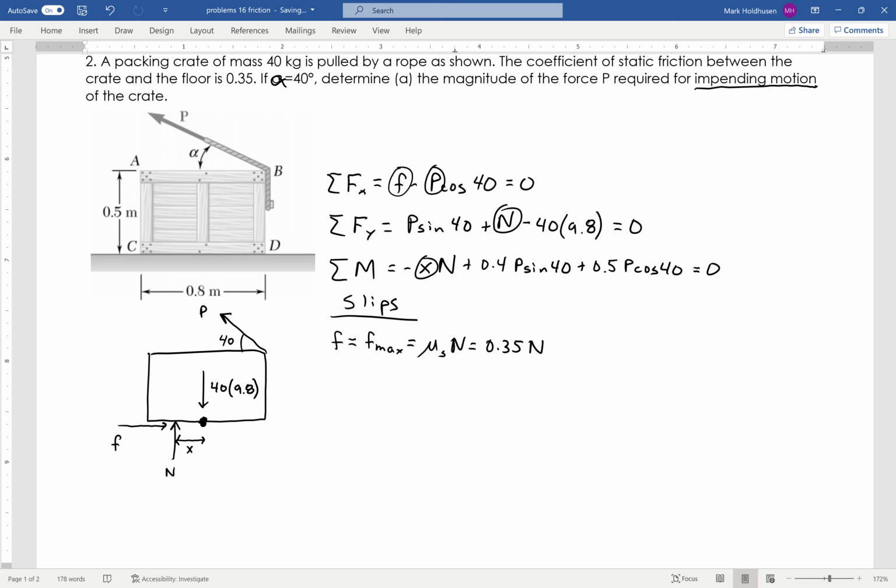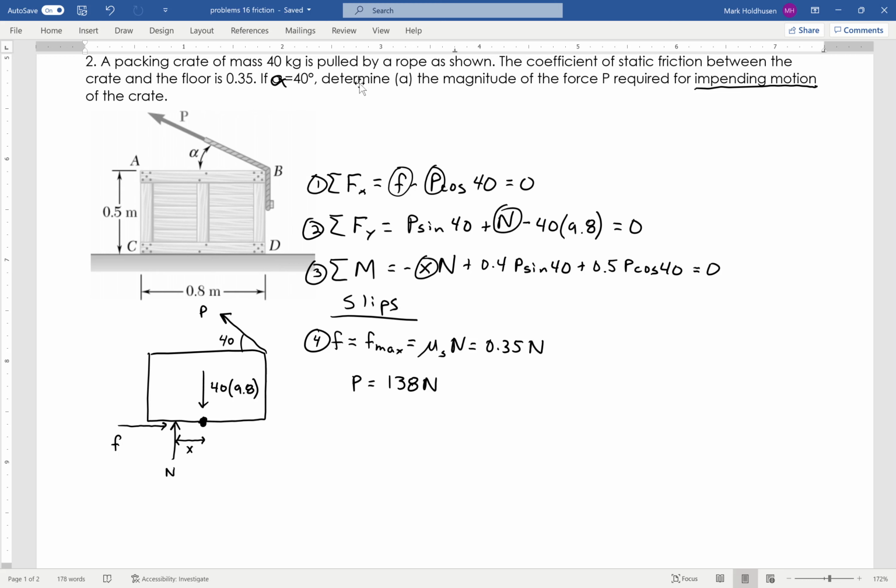Using that equation, I can solve those equations above and find that P equals 138 newtons. If this is equation 1, equation 2, equation 3, this gives me a fourth equation, and then solving those equations, I can determine what my P is.